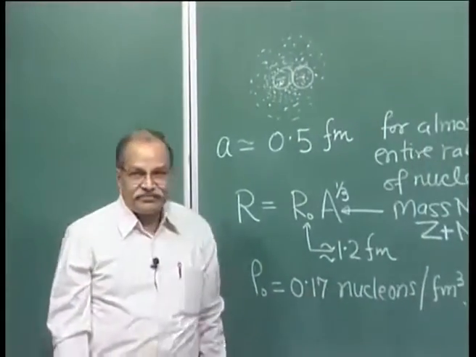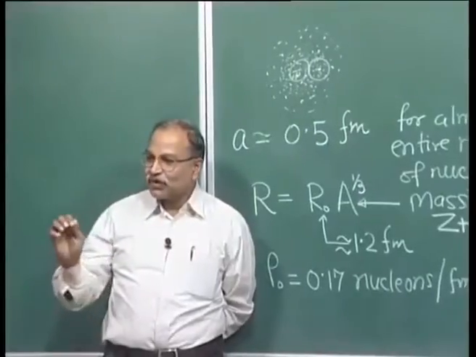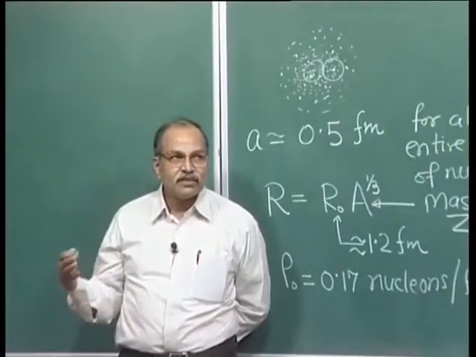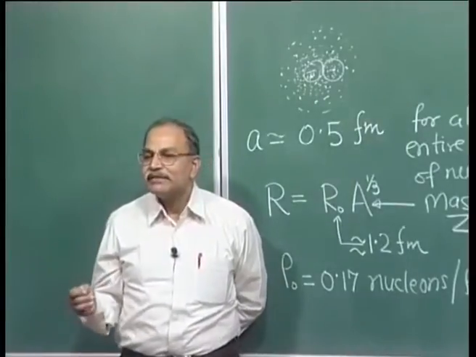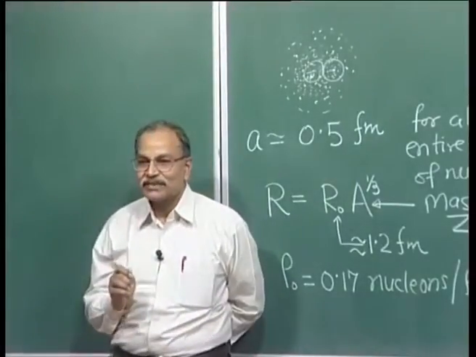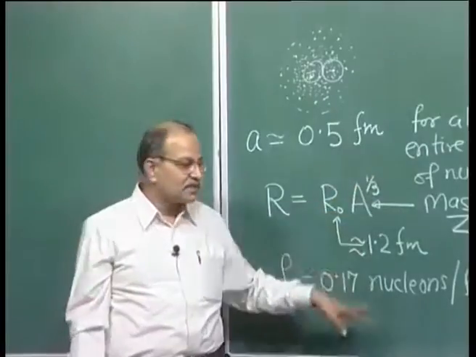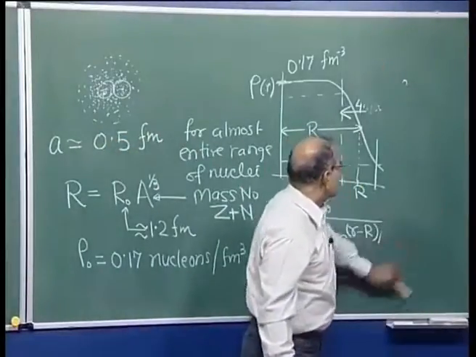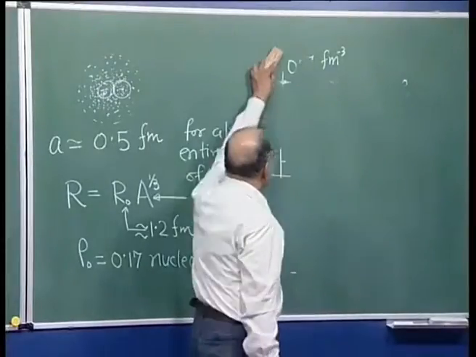Okay. Now, let me give one more process by which people measure the radius of a nucleus. So, this is one experimental process that I described last lecture, and one more process I would like to give.